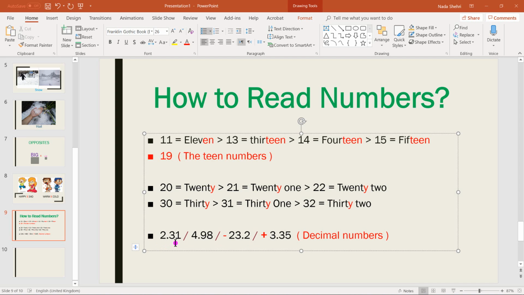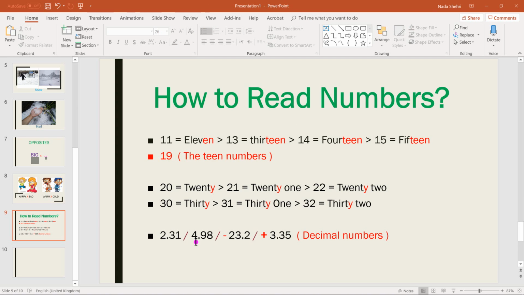For example, we read this 2.3 or 3.1, here 4.98. What about this one, ladies? Do you remember? What is this? How do we read it? Minus 23.2. And this one is plus 3.35. These are decimal numbers.